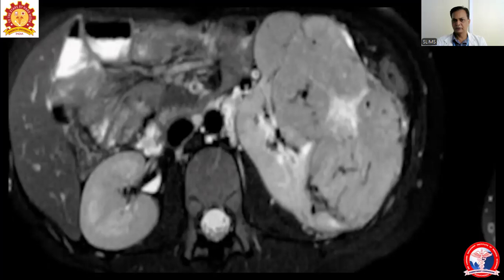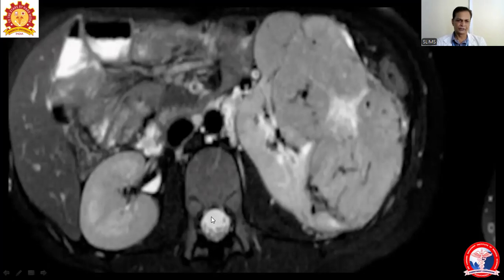We go a little faster. Here, a large lobulated lesion, a case of renal cell carcinoma. The study is MRI, a fat suppressed MRI actually. The lesion is seen very well. A central necrotic area is seen, which is showing fluid signal. Here we can see the renal pelvis as hyperintense.